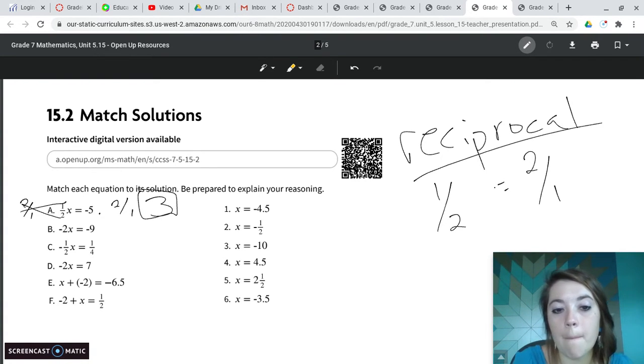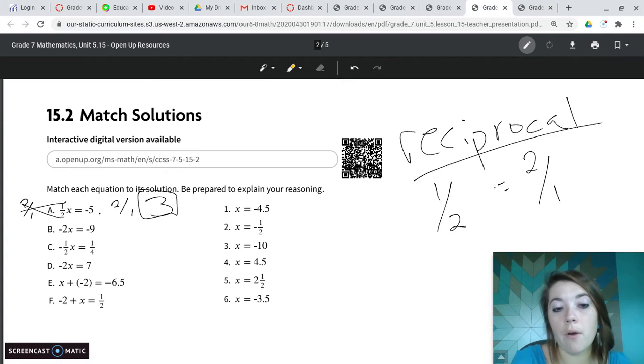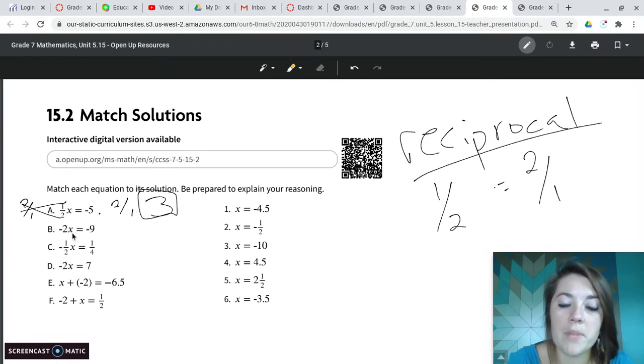So this one is 3. I'm just going to put the number of the solution in a box over here by it rather than drawing lines, because drawing lines and trying to match gets confusing. For the next one, B, we have -2x equals -9. How would we get the -2 away from the x?